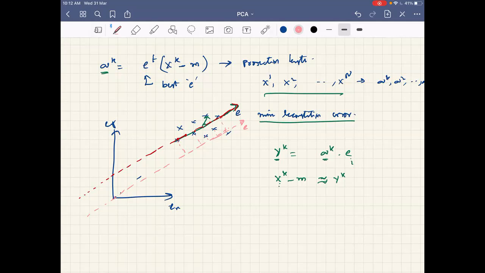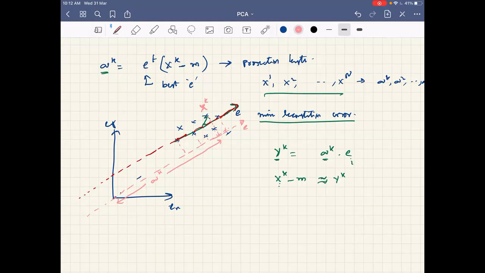Now, the projection length, what we mark as the projection length for a given sample xk. I assume that this is the sample xk we are considering, the kth sample. Please note that this is the xk sample, and its projection length is like this. This is AK.